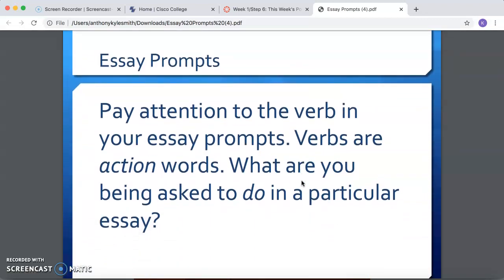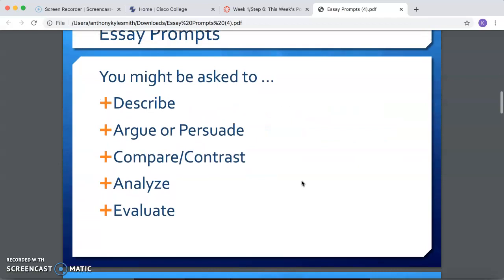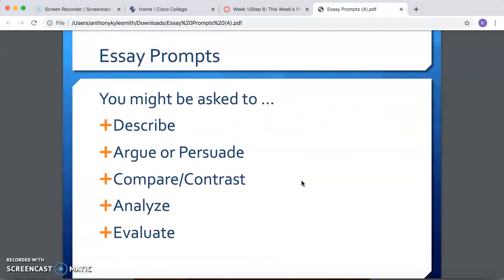This is really short and sweet, so just bear with me. Pay attention to the verb in your essay prompt. Verbs are action words, remember, so what is this essay asking you to do? You might be asked to describe something, argue or persuade, compare and contrast, to analyze or evaluate.